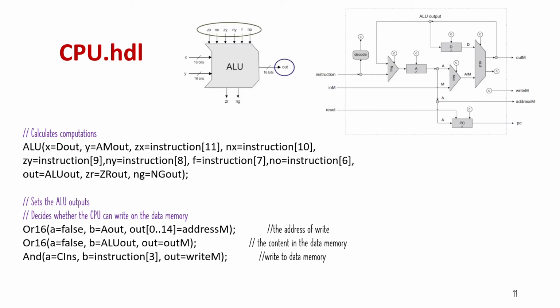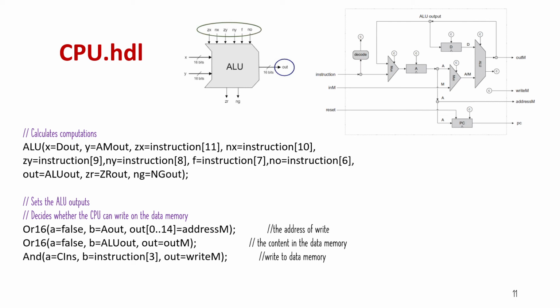So now our next part contains the ALU, which does the computation part. It computes a function on two inputs. This can be the value which is stored in the D register, or it can be any value from the D, M, or A register, and generates the output accordingly.